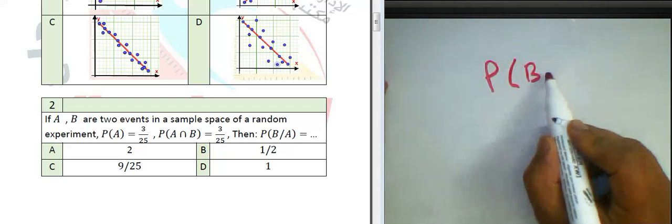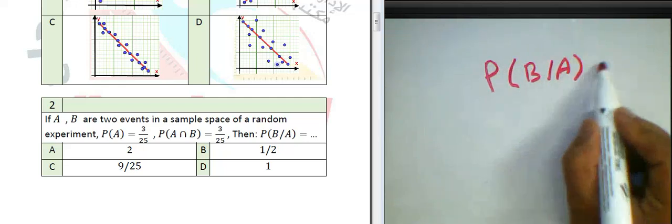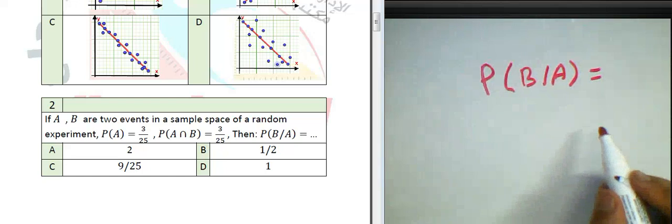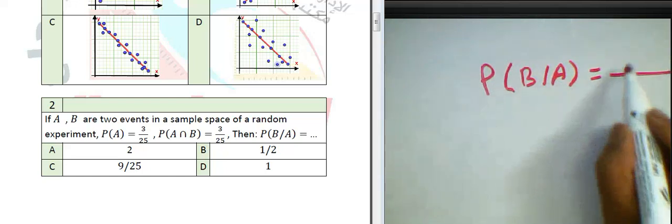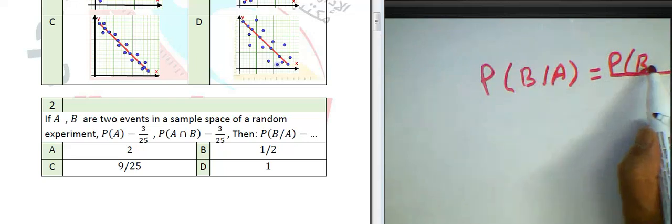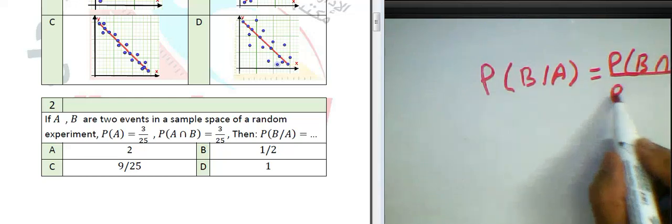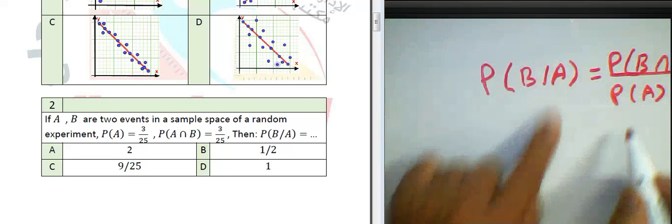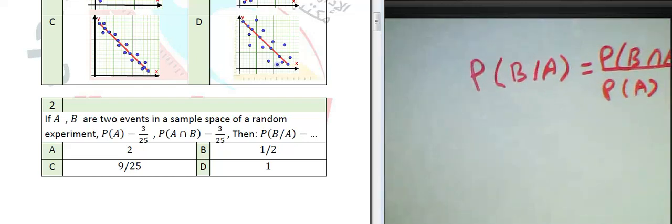Probability of B conditioned by A. We must write probability of B intersection A over the second, probability of A. Okay, then the result will be what?